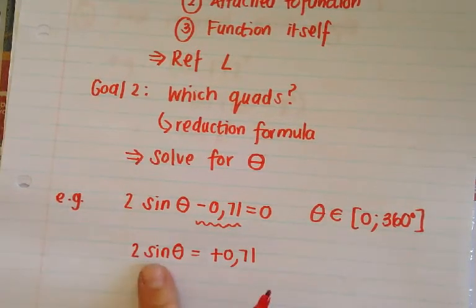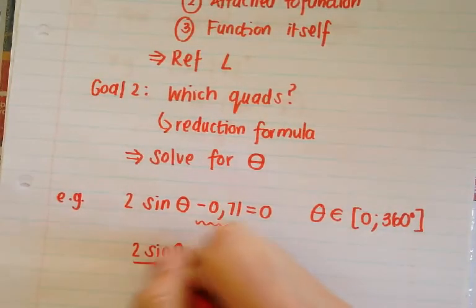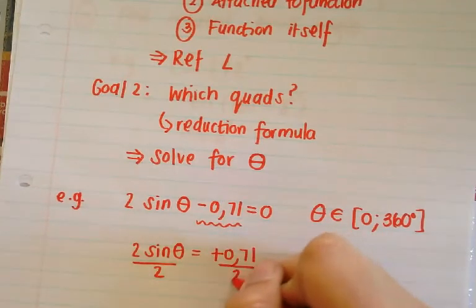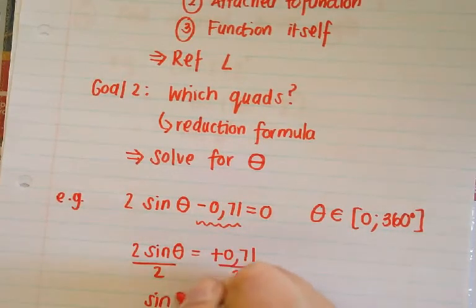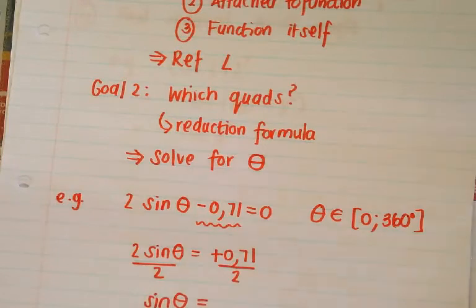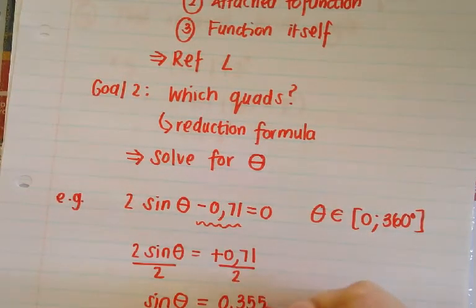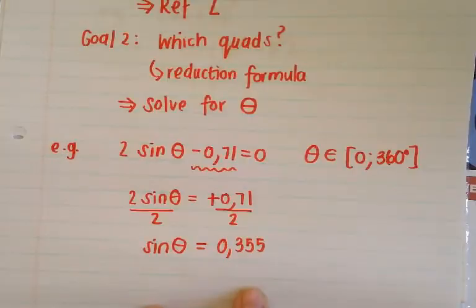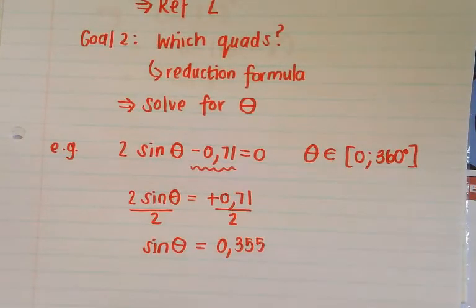Then I do what is attached to the function. I have 2 times sine, so dividing both sides by 2, I get sine theta equals 0,355. Is sine positive or negative? Sine theta is 0,355. Is that positive or negative?